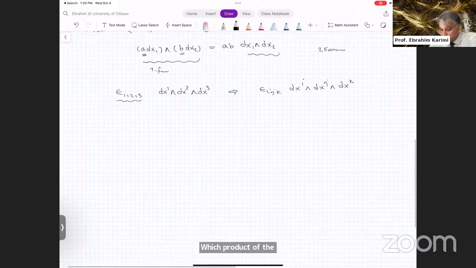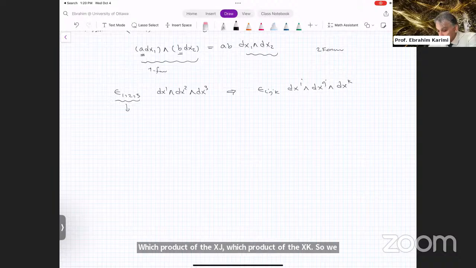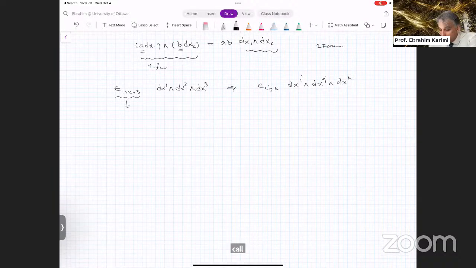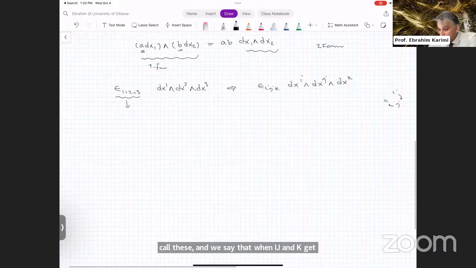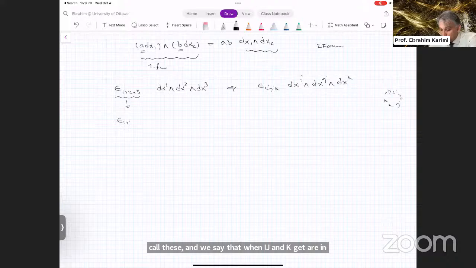So we call this the Levi-Civita notation, and we say that when i, j, and k are in a positive permutation, you will get a +1 sign. So indeed, if you write it in this way, epsilon 1, 2, 3 will be equal to 1.